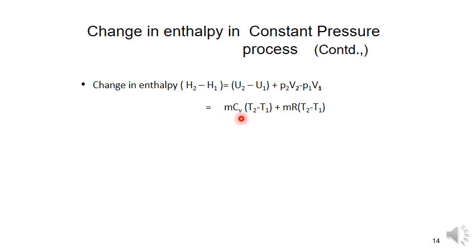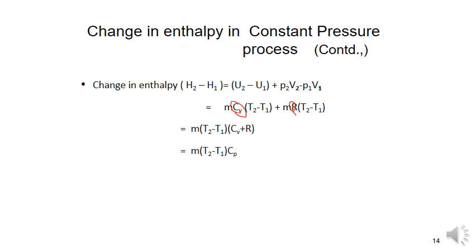Here also m into T2 minus T1 is common, and the remaining terms are Cv and R, that is Cv plus R. Again, Cp minus Cv is equal to R, so Cv plus R is equal to Cp. So mCp (T2 minus T1).